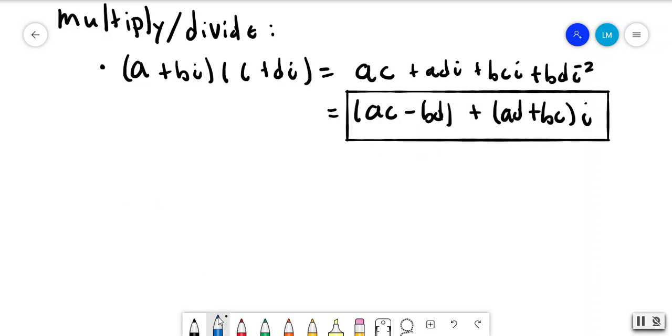Because, for example, I could write down i times (1 minus i), and then I have (2 plus i).